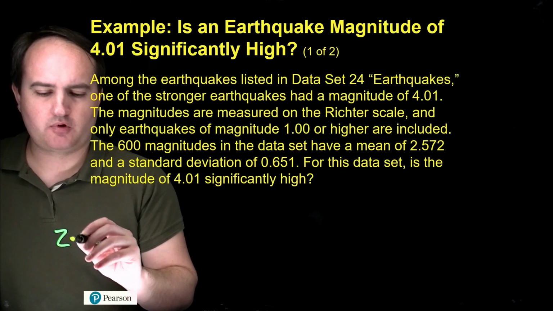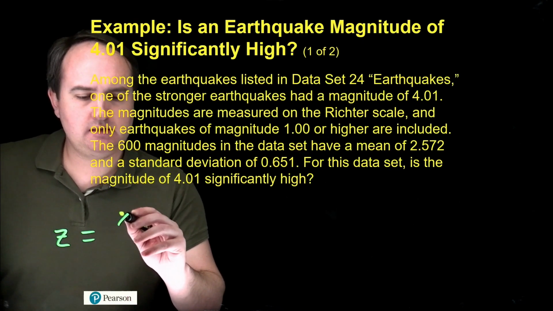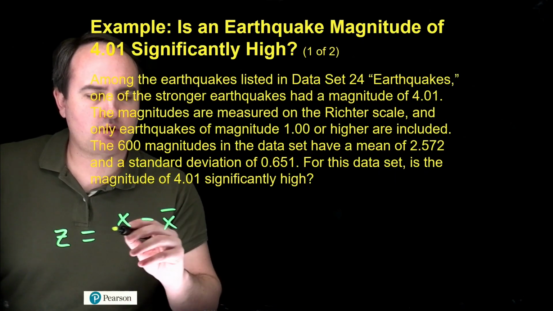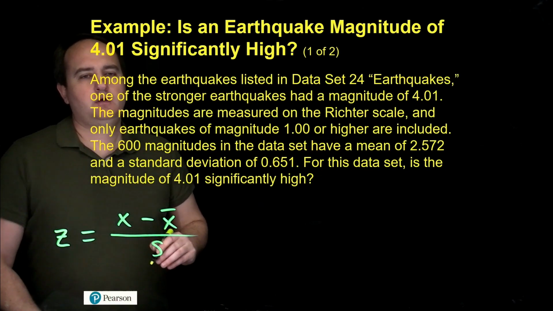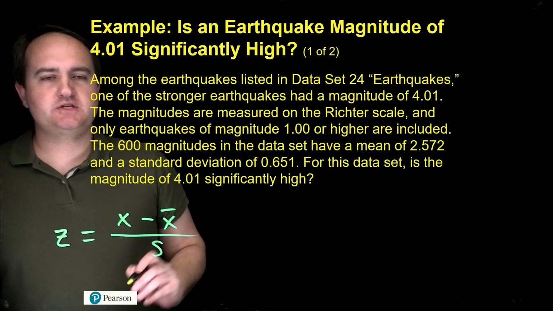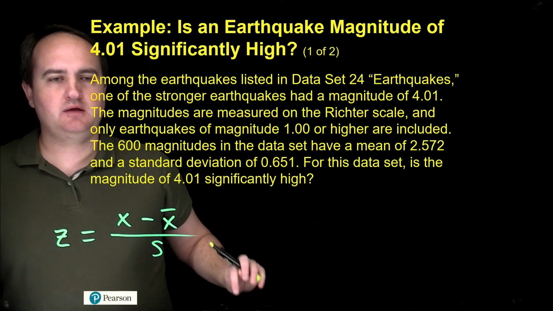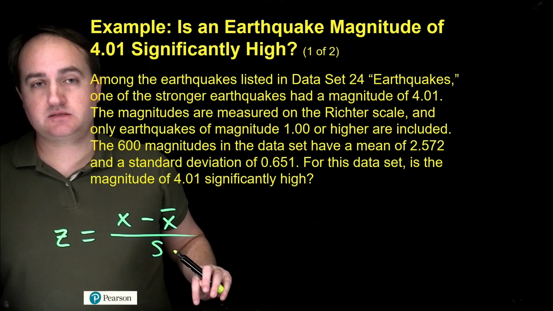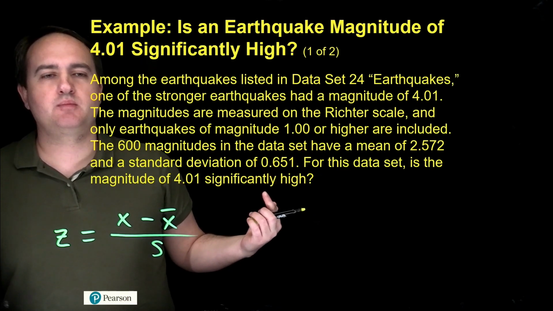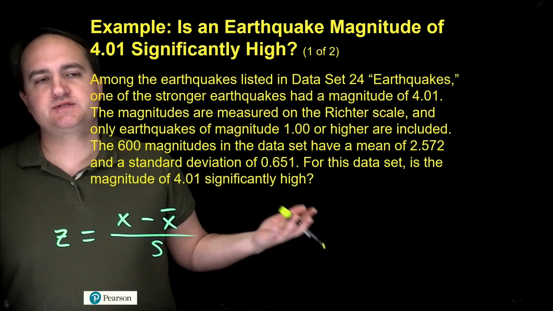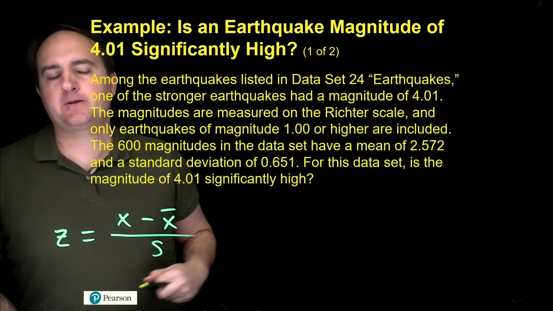The z-score formula is z equals x minus x bar all over s. So we just need to identify x, x bar, and s, and then plug them in. And then we'll use the range rule of thumb to determine whether 4.01 is significantly high.